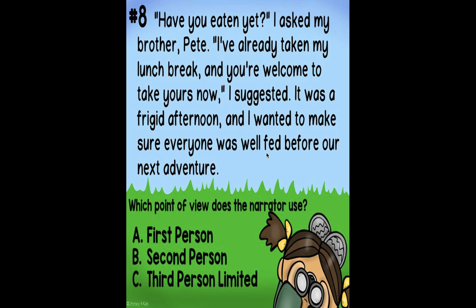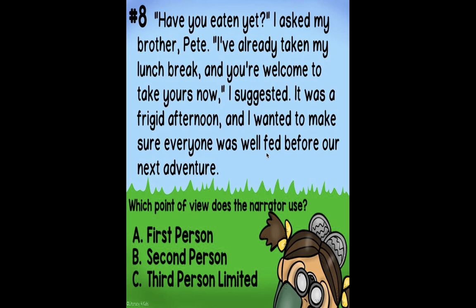Have you eaten yet? I asked my brother Pete. I've already taken my lunch break, and you're welcome to take yours now, I suggested. It was a frigid afternoon, and I wanted to make sure everyone was well fed before our next adventure. So which point of view would this be? Well, let's think about the key words.